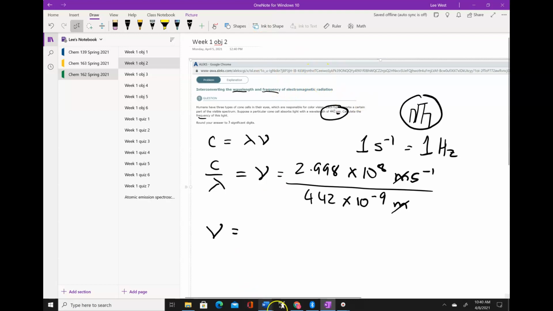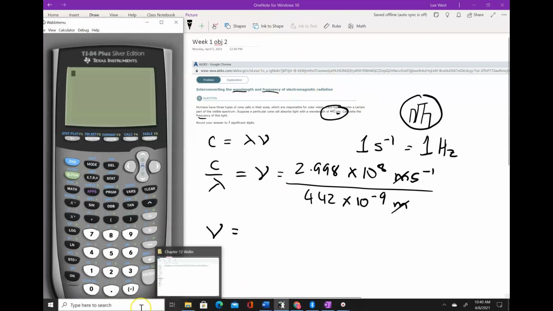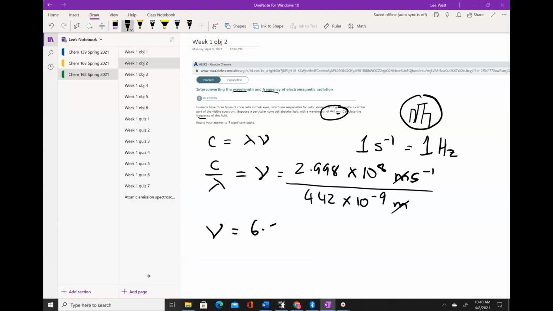So we can just go ahead and do that. 2.998 by 10 to the 8 divided by 442 by 10 to the -9. Enter, and there we go. Now it said give your answer to 3 significant figures, so it's 6.78 by 10 to the 14. And you can use either per seconds or hertz for the units.